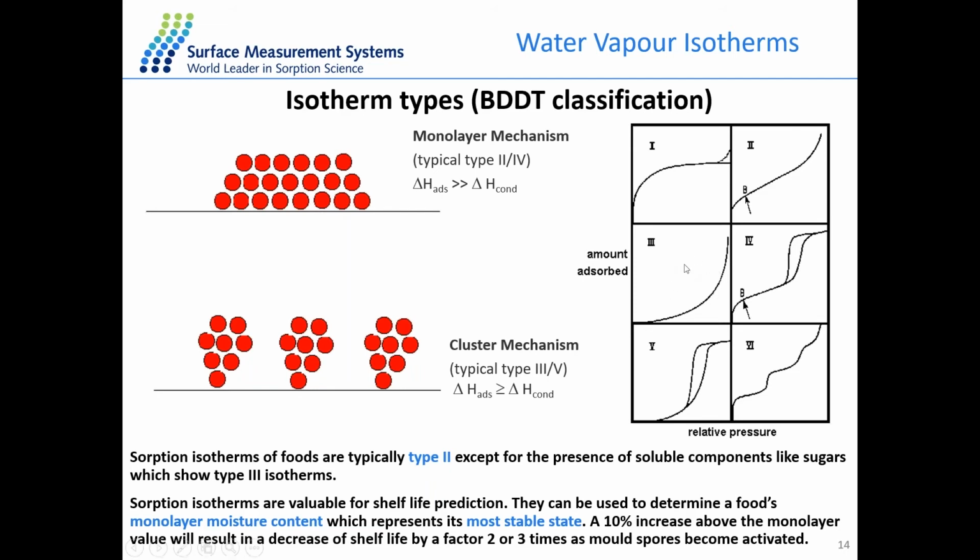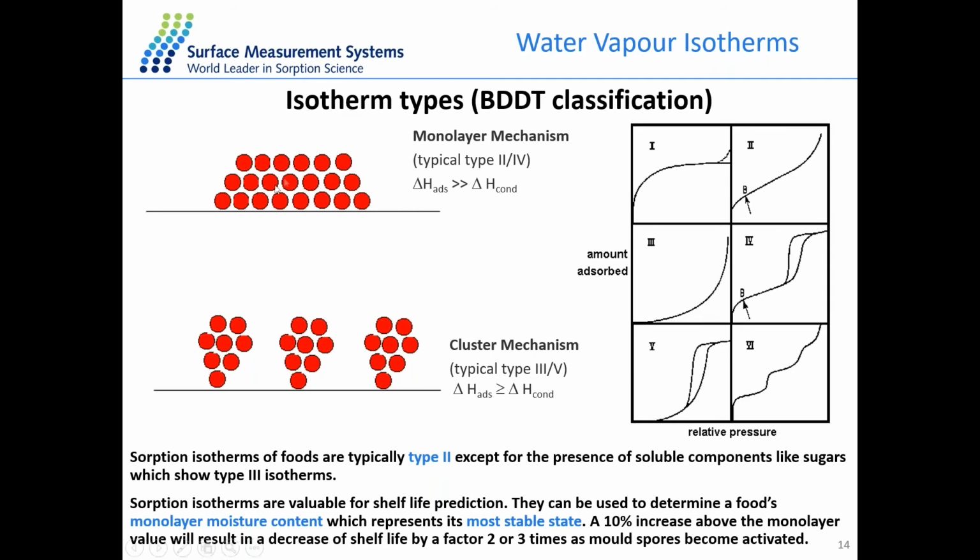The other types of isotherm, for example the type 3 and type 5 isotherms, are typical for condensation on the surface, where the water molecules form clusters on the surface rather than covering the whole surface with the monolayer region. So the probe molecule has weak interaction with the solid material, and it will interact with itself and condense on the surface of the material.